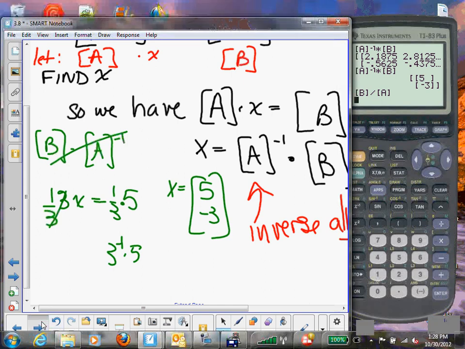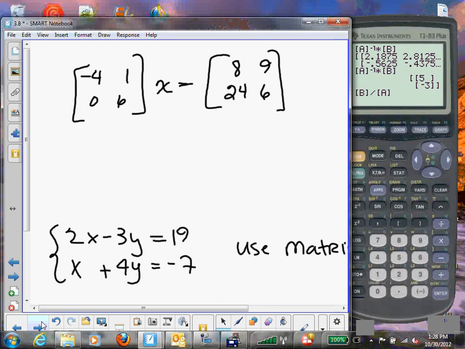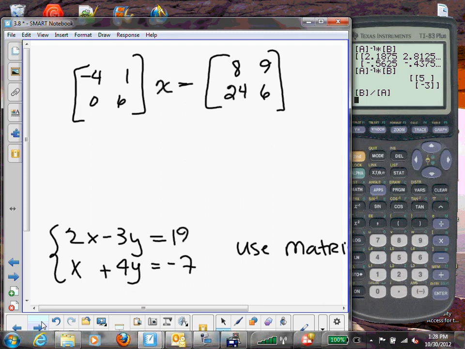Okay. All right, next page. Here we go. So you do this one. Yeah, you work together the whole time.